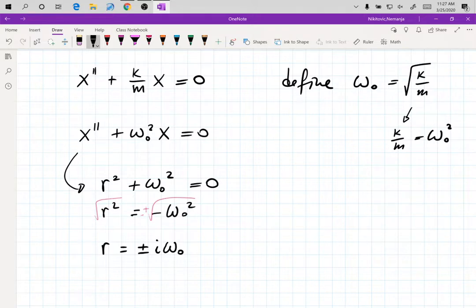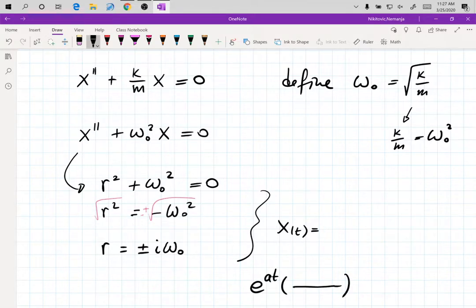And now the solution that we are used to is x of t equals, look, there is no real part, so we are not going to have the e portion of our solution. Remember that the solution was e to the at plus sine and cosine, right? Well, if your a is 0, then it becomes 0 times t is 0, e to the 0 is 1. So you just have sine and cosine part.